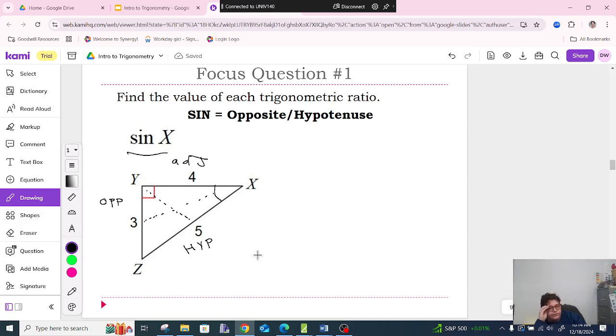So the ratios mean fraction. You're not solving anything. They just want to know what's the ratio of the sine of x. The ratio of the sine of x would equal opposite over hypotenuse. What was opposite? 3 over, what's hypotenuse? 5. That's it.